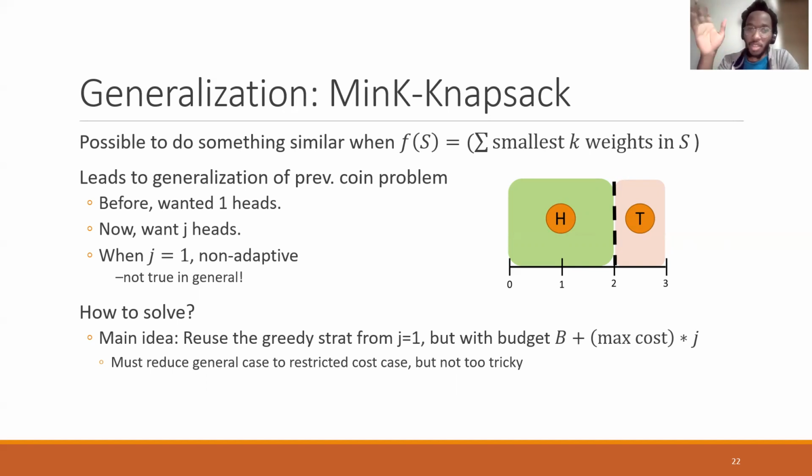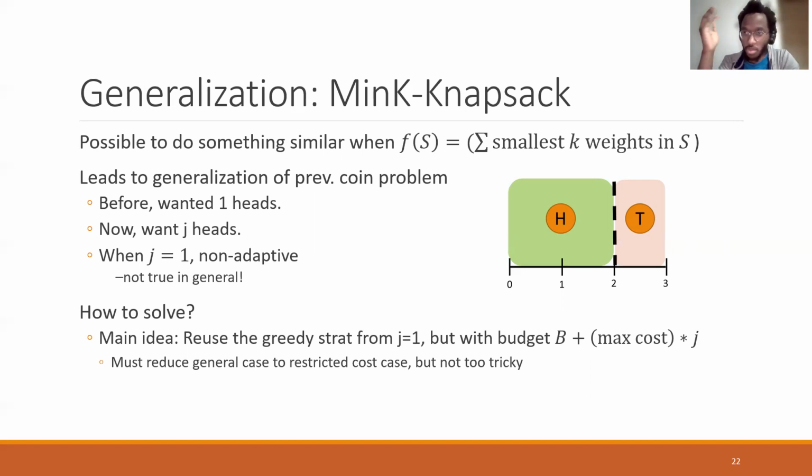There's a complicated reduction process, but what it leads you to is a generalization of the previous coin problem we looked at. Before, we had some constraints and we wanted to maximize the probability that we got at least one head while flipping coins. Now, what we want is to get at least j heads.